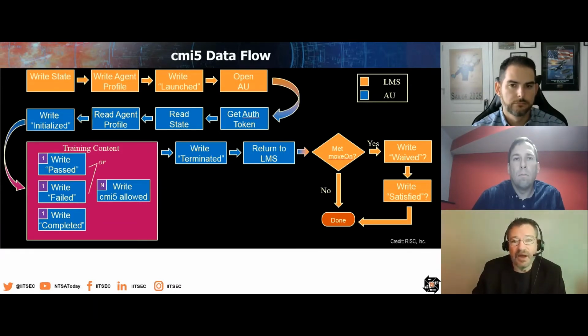I've also got a box in here for an external intervention. In this case, for example, our LMS allows you to test out of content. So maybe module 1 contains a test and you score well enough to move on to module 3 or module 4. Well, the LMS can mark those lessons as waived. It has to send a waived statement.